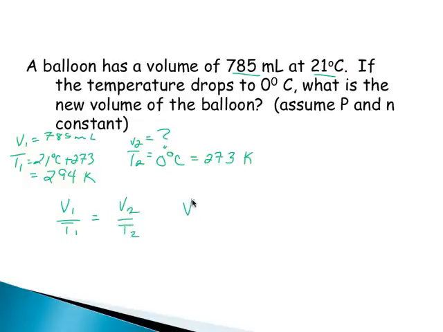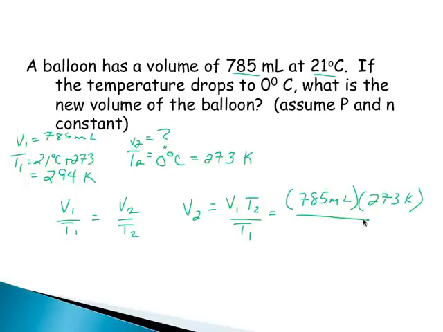We can solve this equation for the volume 2, which would be V1 T2 over T1. My first volume is 785 milliliters. My second temperature is 273 Kelvin. And my first temperature is 294 Kelvin.